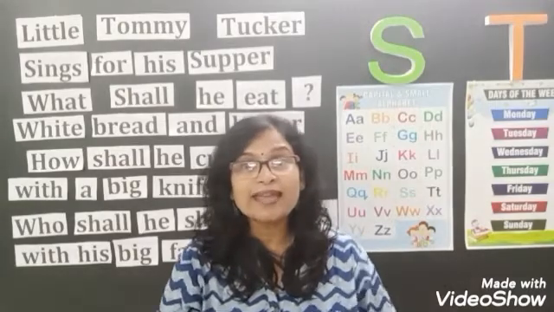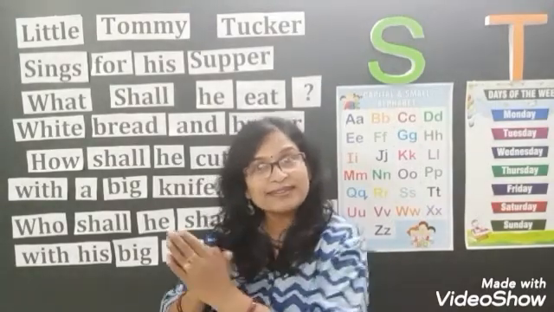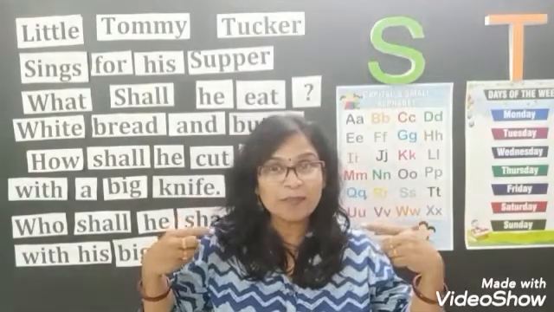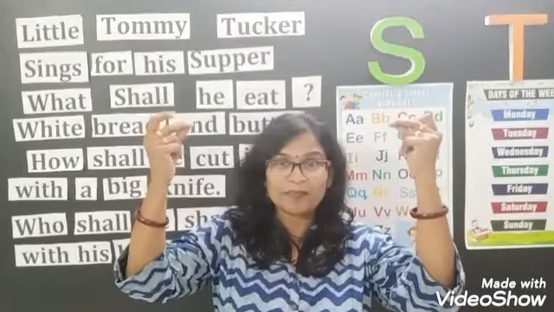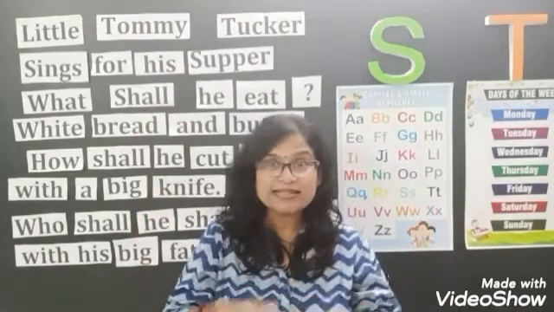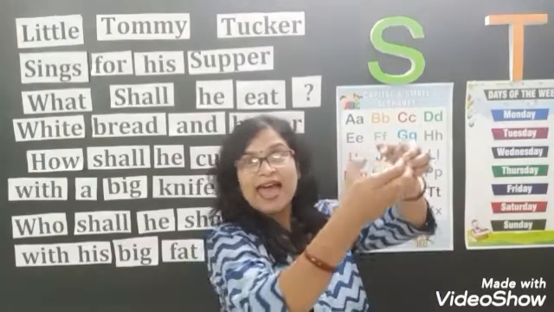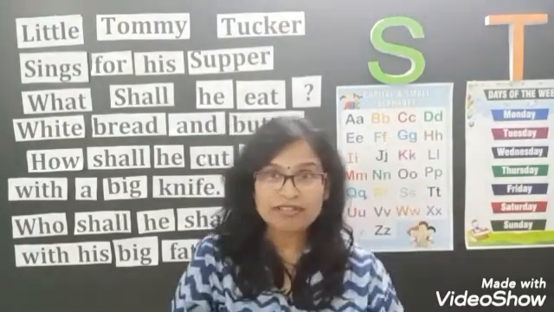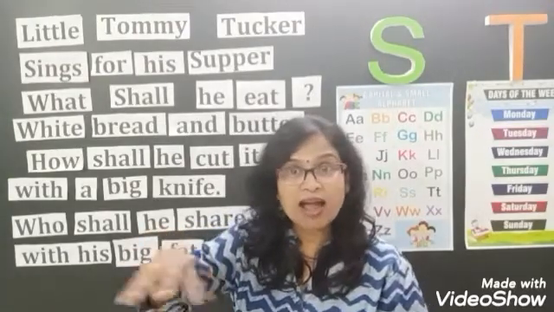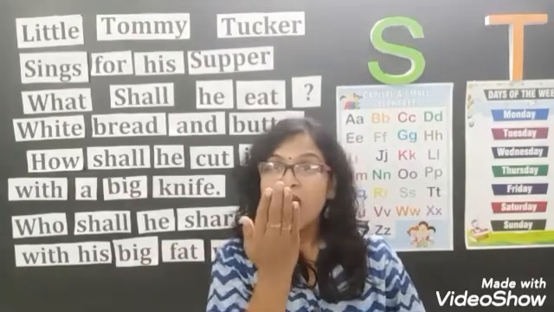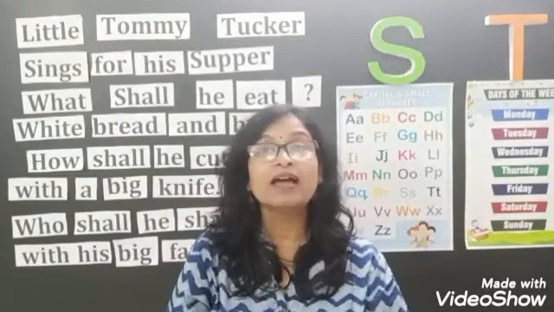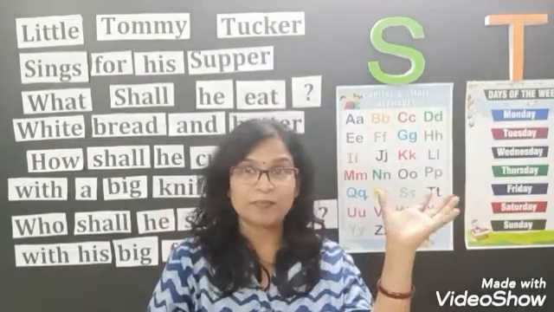A says A. B says B. C says curly K or the clicking K. Then we have letter D. D says D. E says E. F says F. G says G. H says H. I says I. J says J.